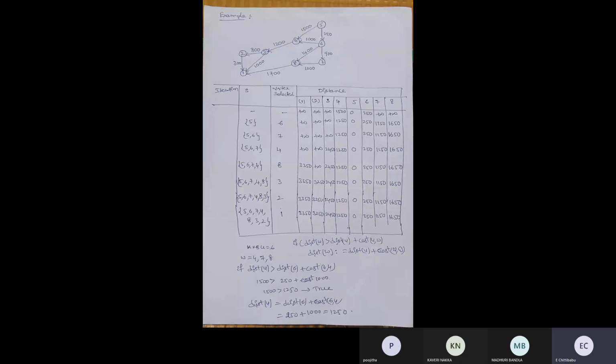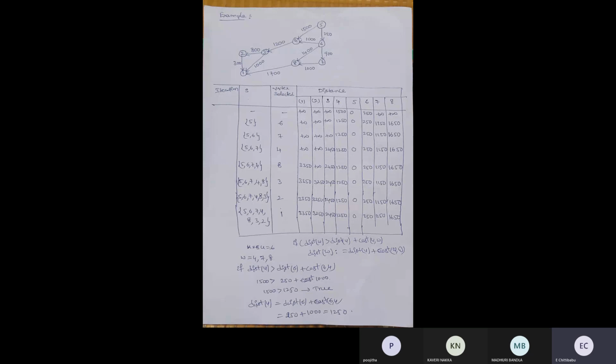What is the next minimum vertex? Next minimum vertex is 3. What are the adjacent nodes of 3? 2. Now find the distance of 2. If distance of 2 greater than distance of 3 plus cost of 3, 2. Distance of 2 is plus infinity, greater than 2450 plus cost of 3, 2, which is 800.